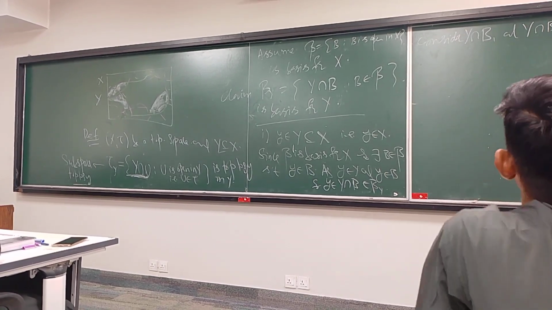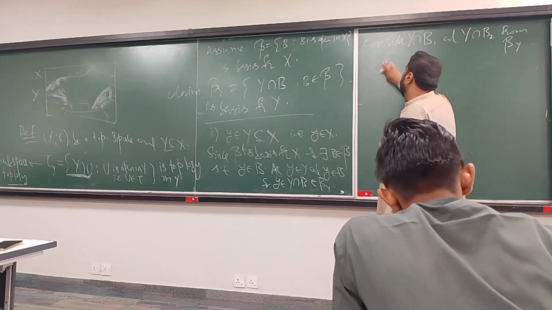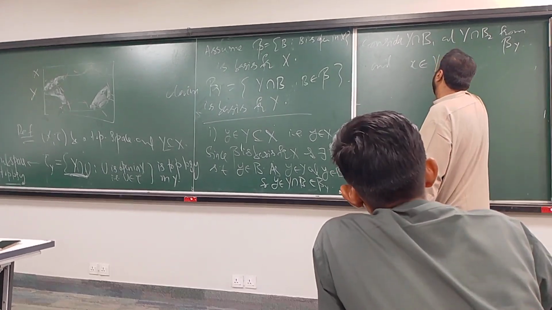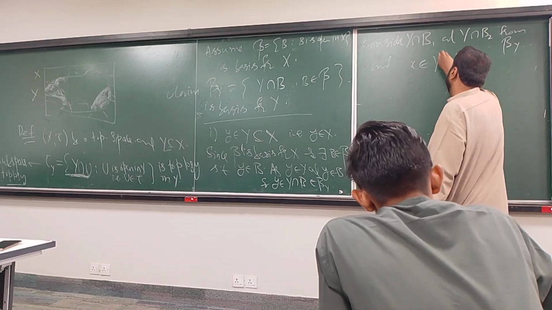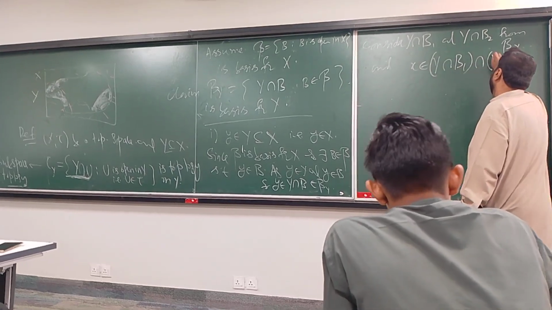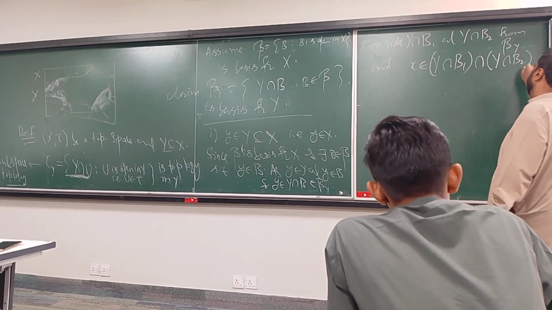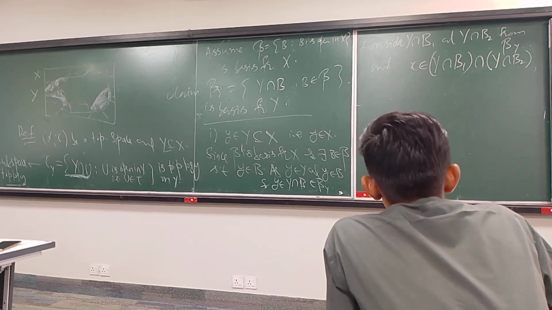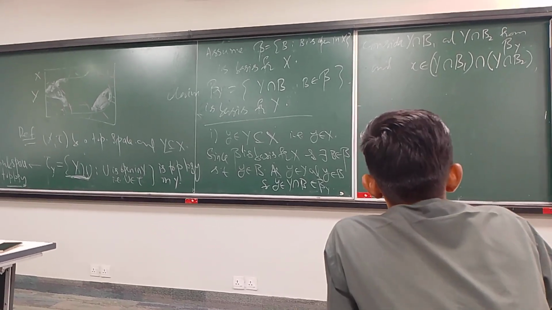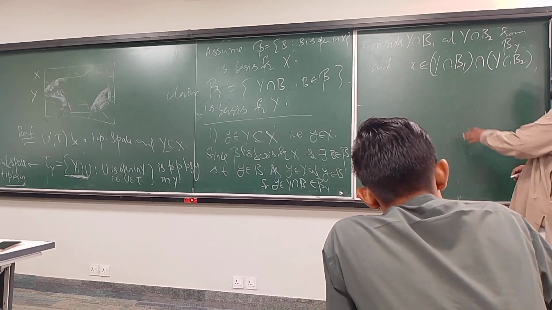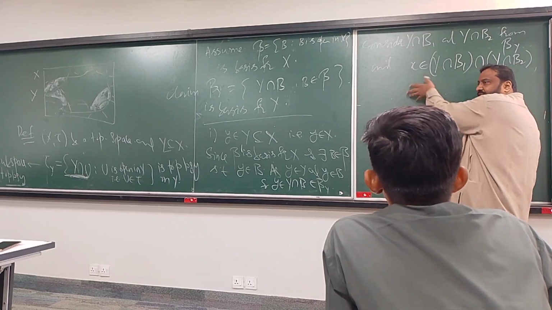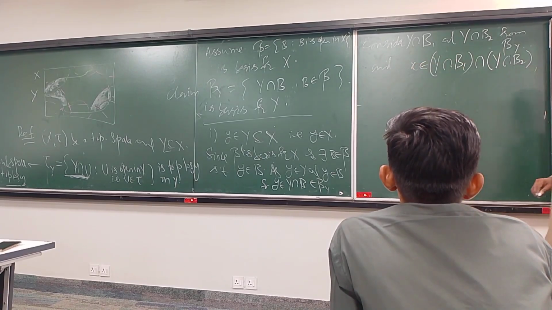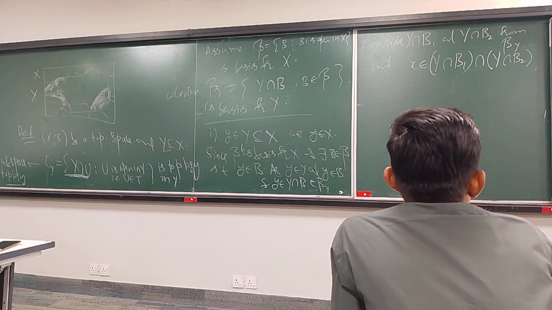Take x belonging to the intersection, so x is inside Y intersection B1 intersection Y intersection B2. Now tell me, I need to find Y intersection B3 that contains my x and is contained inside it. Yes, that's what I have to show for a basis.